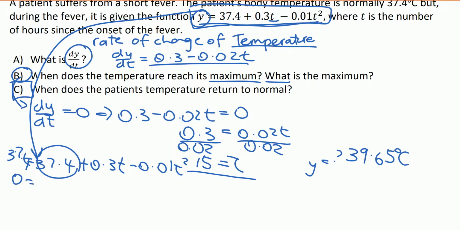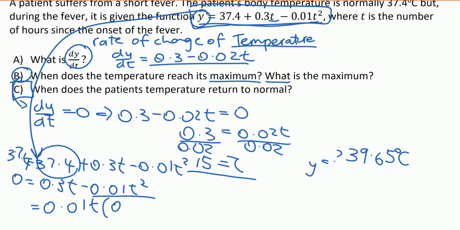Left with 0 equals 0.3t minus 0.01t squared. Solve that equation. Factorise that. Lowest common factor is 0.01t. So I'll take that out the front.